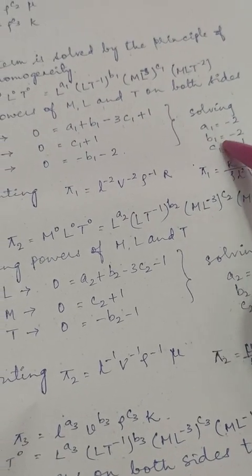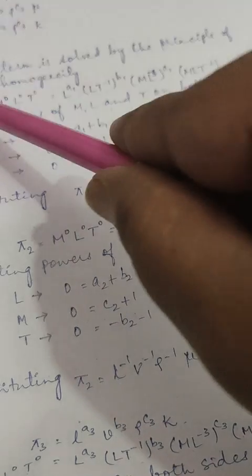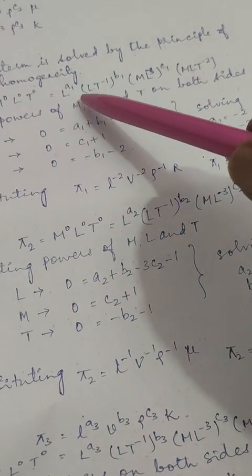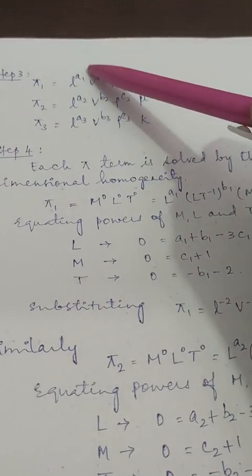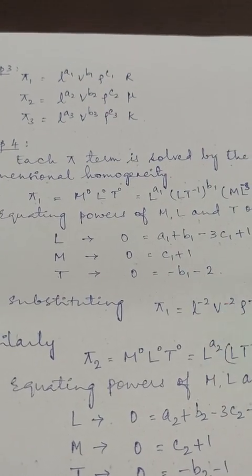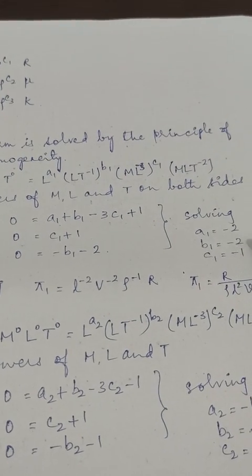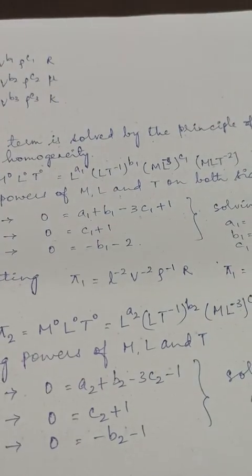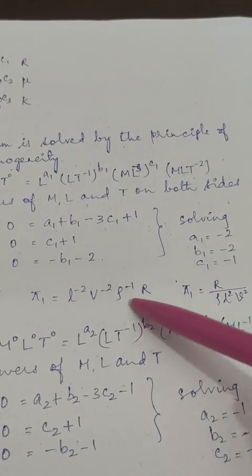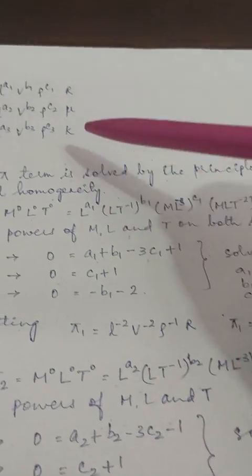Substituting these a1, b1, c1 in the pi 1 term, we have L to the power of a1. What is a1 here? It is minus 2. Then v to the power of b1. What is b1? It is minus 2, so v to the power of minus 2.